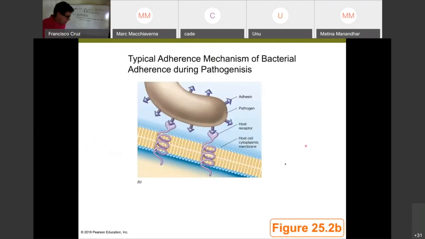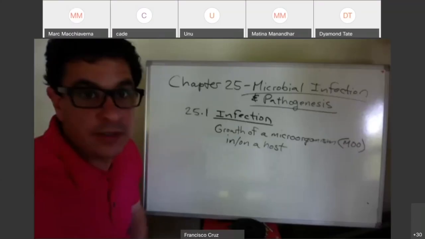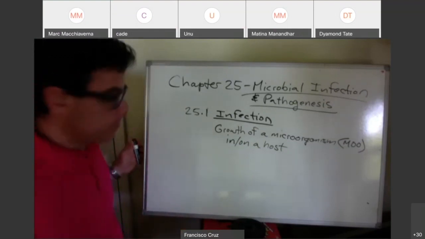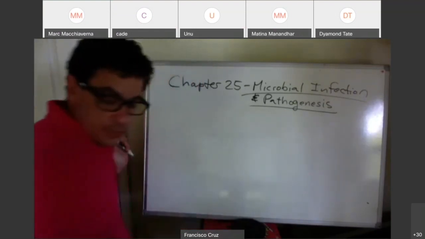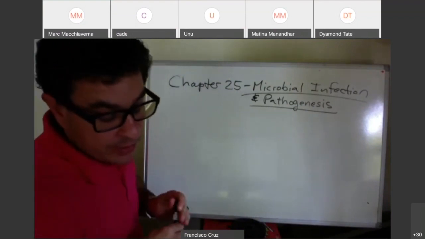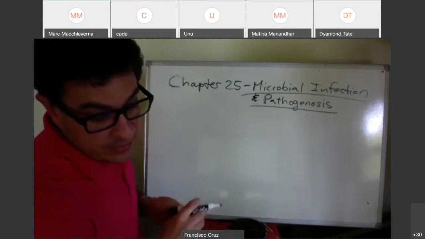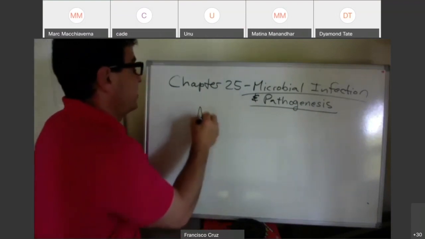And so here we have a typical binding. Okay, so we have adherence. We've been learning about this with the SARS virus, right? Adherence is a really important concept.